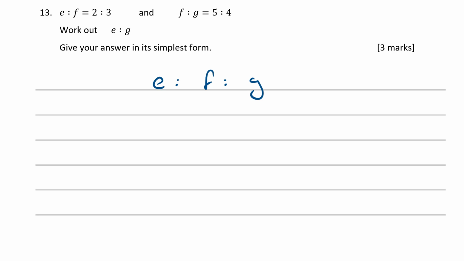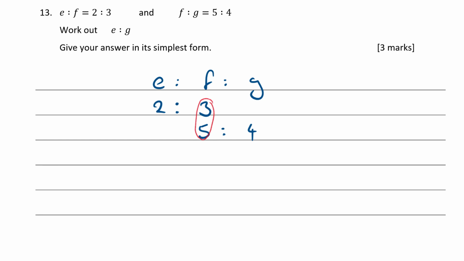So I've been told E to F is 2 to 3, so I could put a 2 there under the E and a 3 under the F. And I've also been told that F to G is 5 to 4, so if I can put a 5 here, then I can put a 4 there. Okay, so what we want to do is link these two together. So basically, having a look at these two numbers here, can we find a common multiple of 3 and 5?